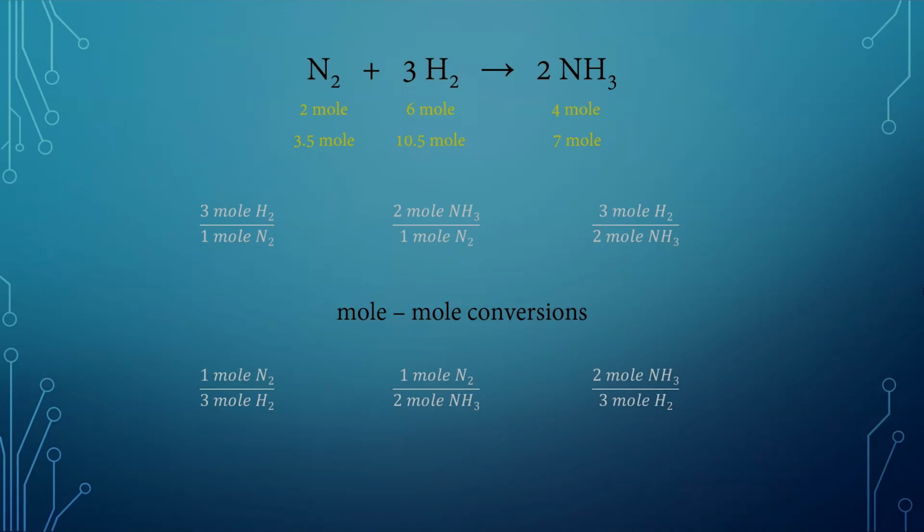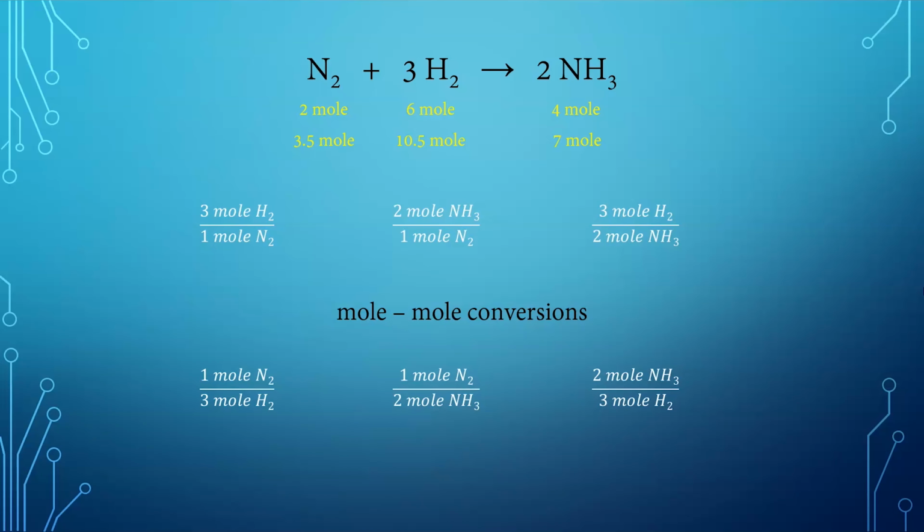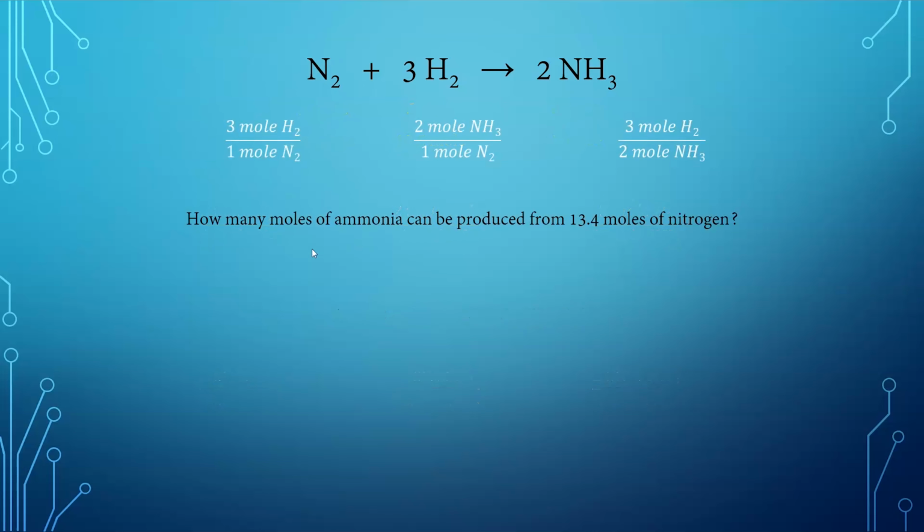Let's take a look now and see how we can use these mole-to-mole conversions to carry out some stoichiometry calculations. How many moles of ammonia could we make from 13.4 moles of nitrogen? Chemists use stoichiometry all of the time. If we're going to make a chemical and we need a certain amount, we need to know how much to start with to get that amount.